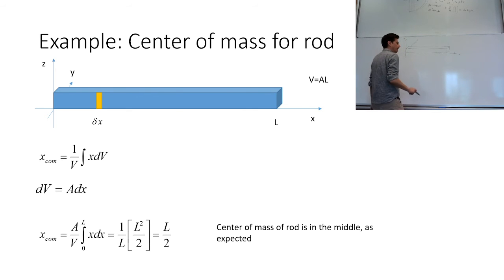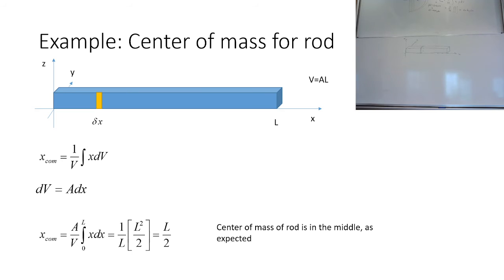In this case, we don't have to do the completely general thing that I was writing up there, because the shape has a symmetry that we can take advantage of, so we don't have to do a triple integral. We can just do a regular single integral. So what we're going to do here is slice up this rod into little plates like this.